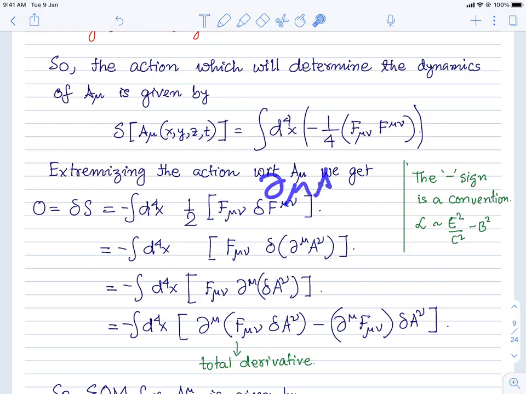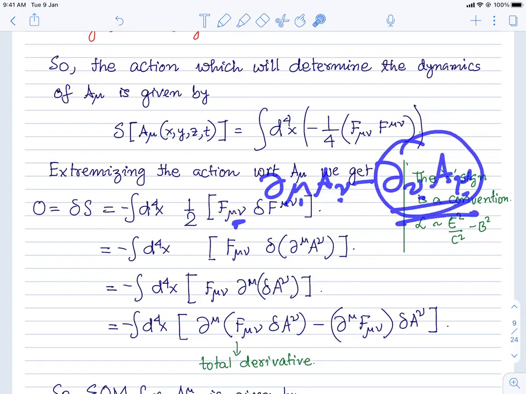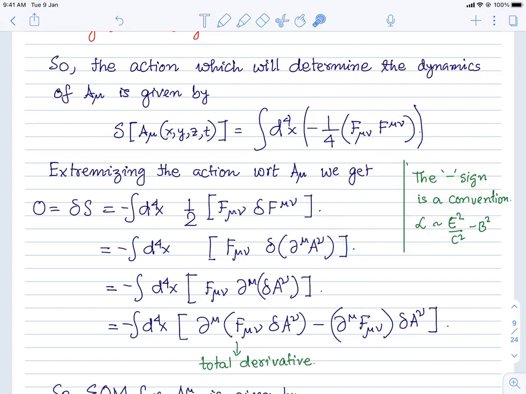There's a del mu A nu and there's a del nu A mu, with a minus sign. But these terms are contracted with this antisymmetric term here. So this term, if we write it out, is identical to this term if we just exchange the mu and nu.